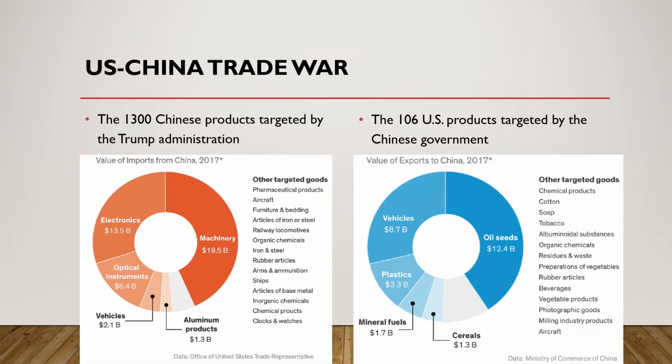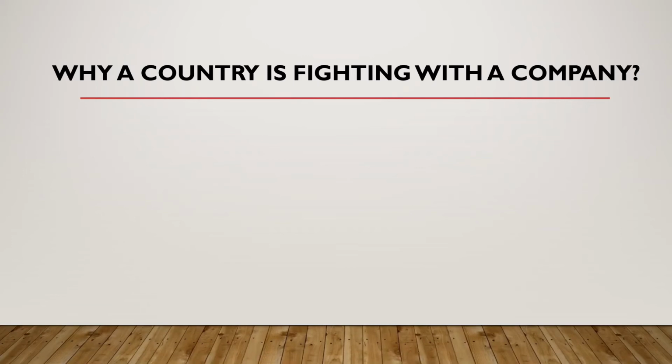Now, in most political issues, usually it involves one country and another country. Rarely in political arguments is there involvement between one country and one company. However, for this US and China trade war, there is one main company that got affected, and this company is one of the top 5 mobile communication companies, Huawei.